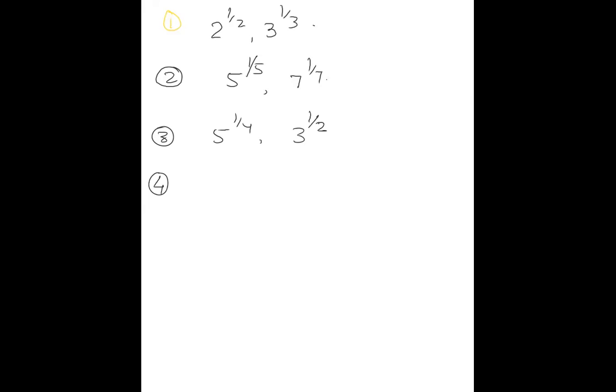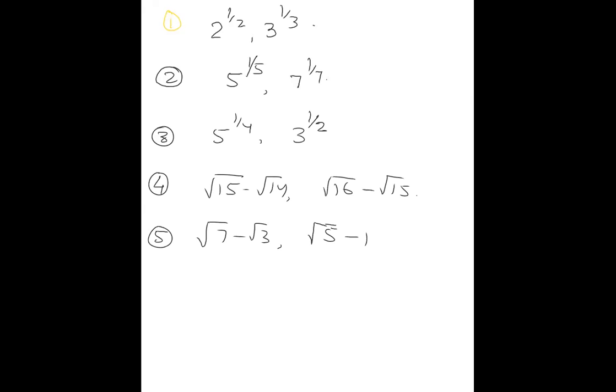Fourth, under root of 15 minus under root of 14, under root of 16 minus under root of 15. Fifth, root 7 minus root 3 and root 5 minus 1. That's it. 5 questions. 7 minutes you have for these questions.